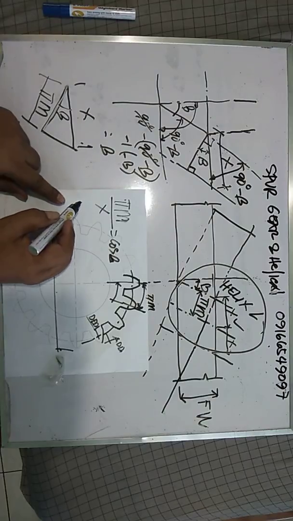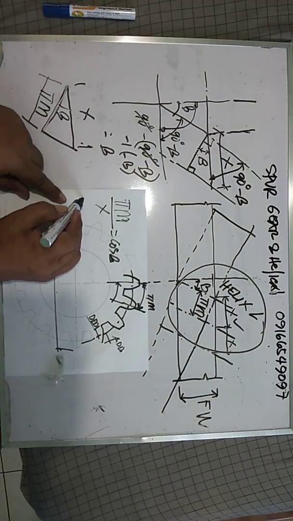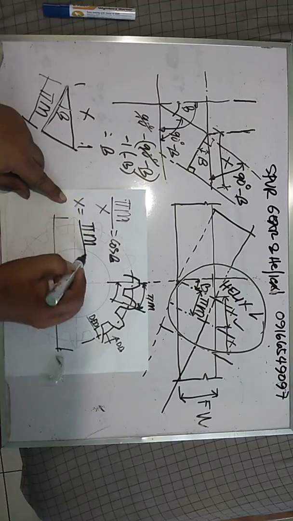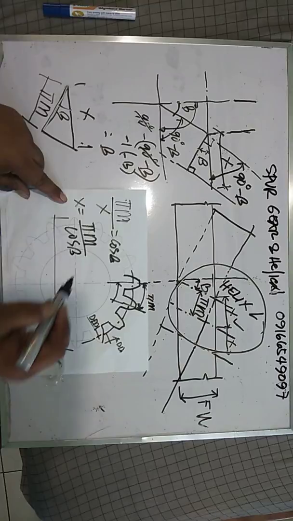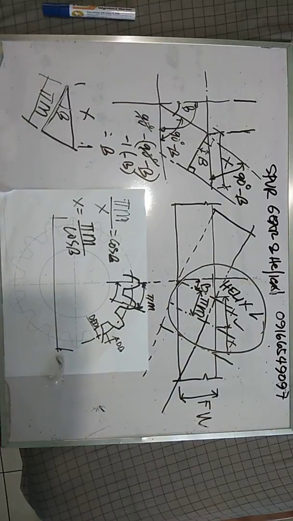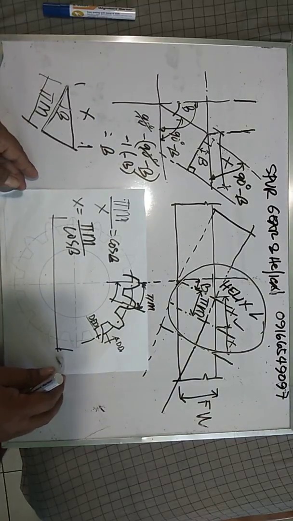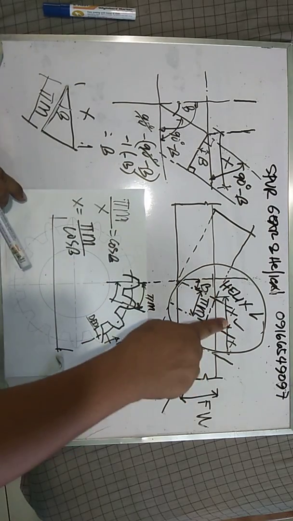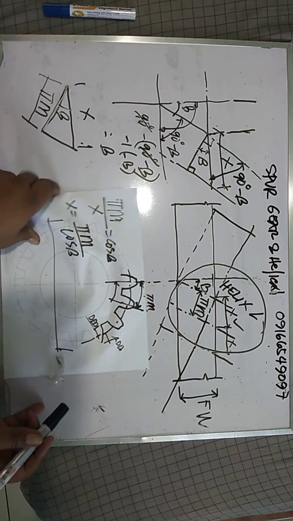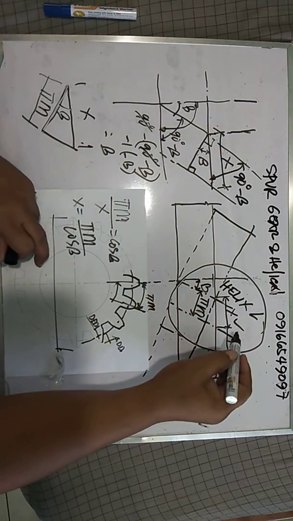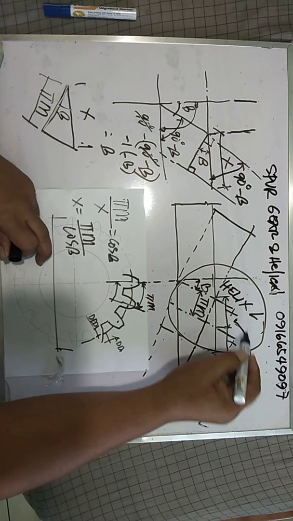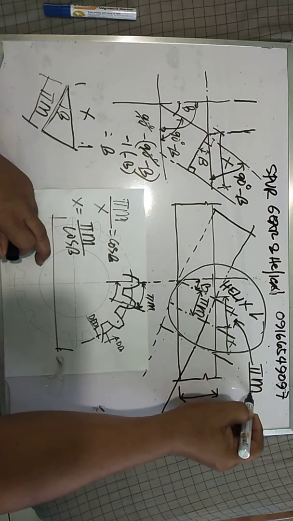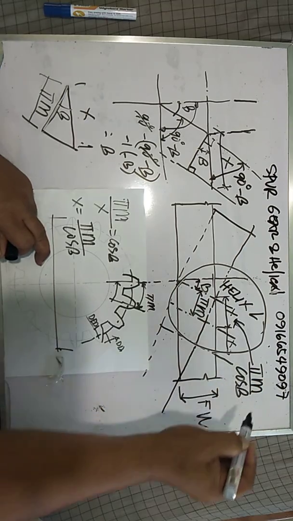Okay, so x will be pi times module over cosine beta. So we found this x, which is equal to pi times module over cosine beta.